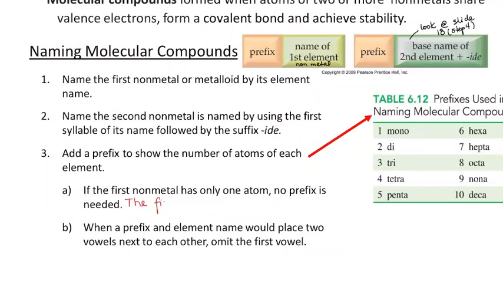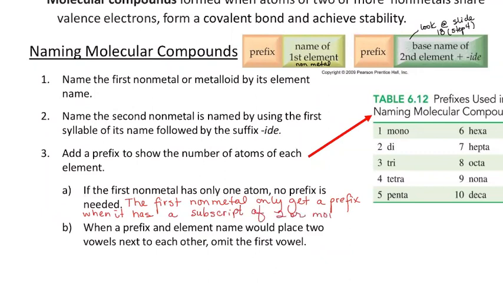The first nonmetal only gets a prefix when it has a subscript of 2 or more.